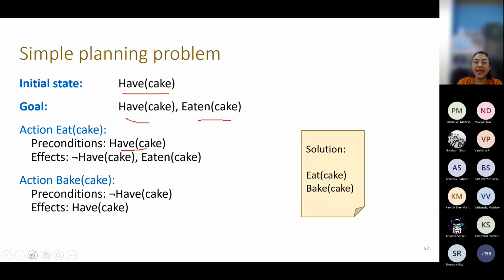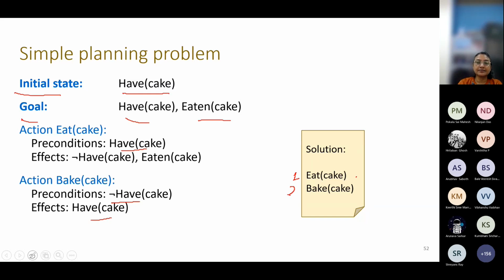For the action bake cake, the precondition is not have cake and the effect is have cake. These are the two actions. For this problem, a solution is step 1, eat cake, step 2, bake cake.